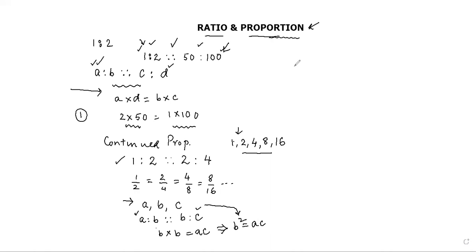All right. So now we are going to talk about something which is asked in the questions. Let me start by telling you that if A upon B is equal to C upon D, now I'm talking about any proportion, this is not a continued proportion, I'm talking about any proportion, there are some interesting properties of this.